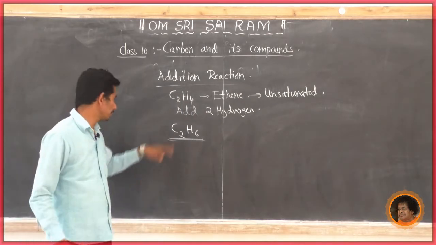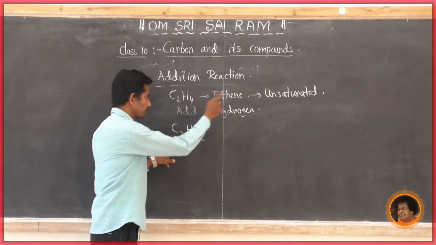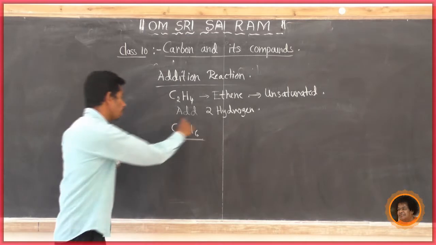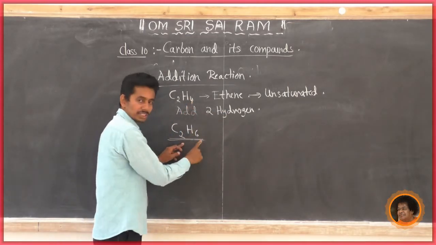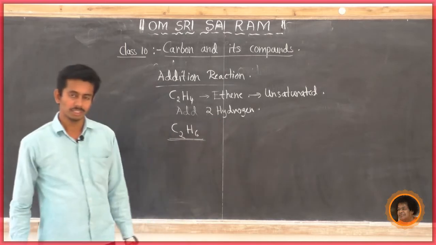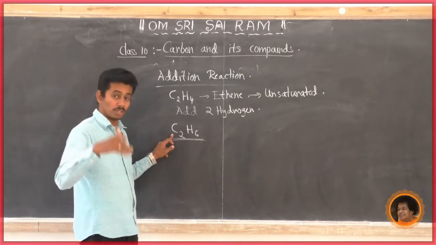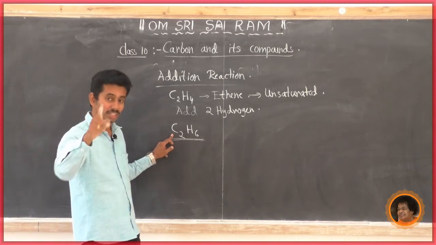Now what are we trying? Add two hydrogens to this C2H4, this ethene, this unsaturated hydrocarbon. What we get is H4 plus 2, H6. C2H6. What is this? Is it an alkene? No, it now becomes an alkane. Why alkane?